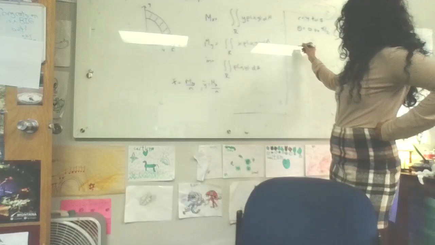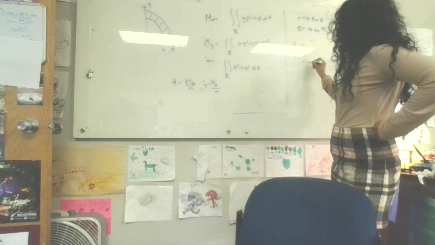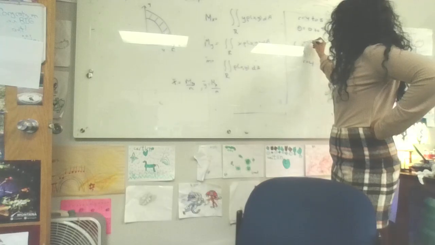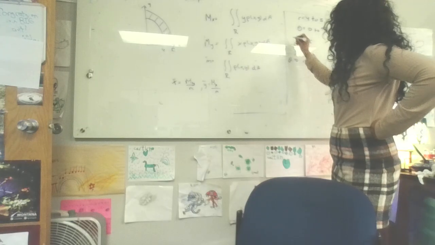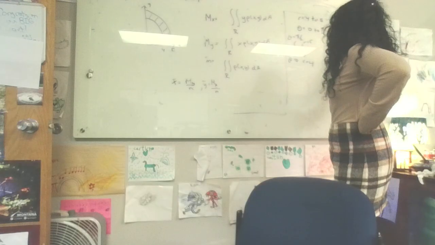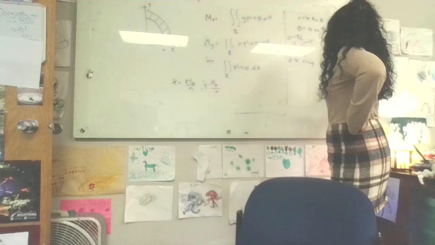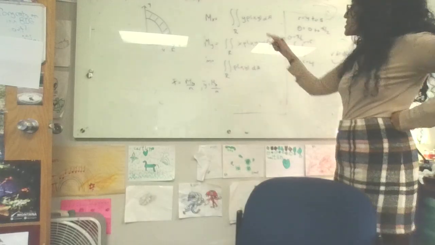So now you're ready to go. You have that, and then you have r dr d theta, which is dA.